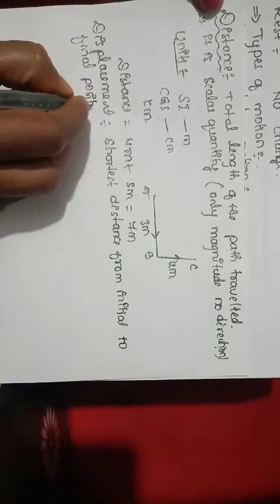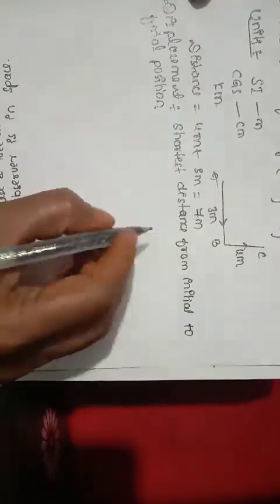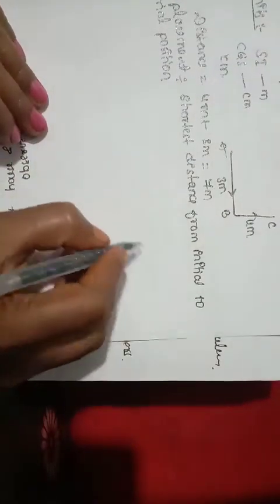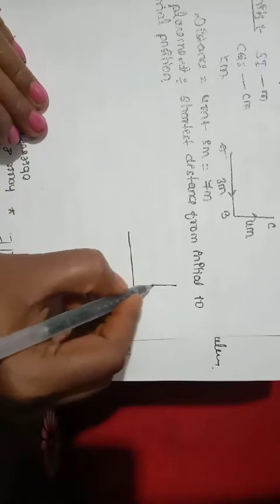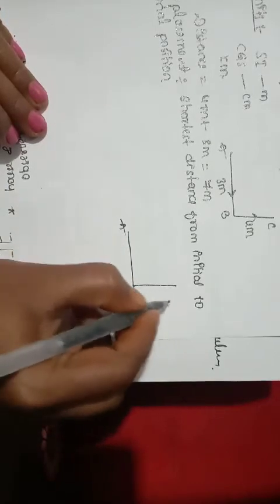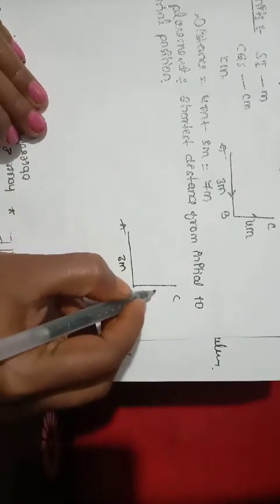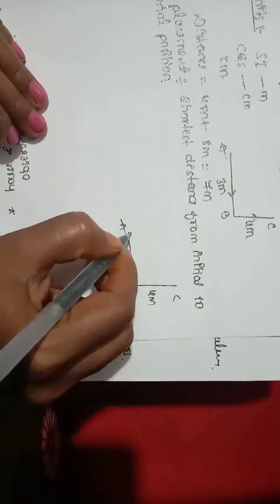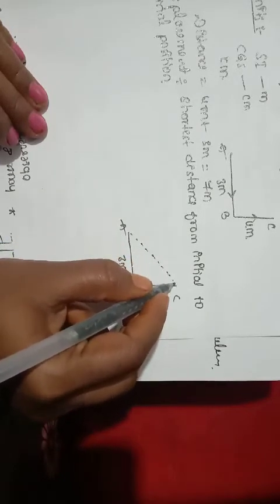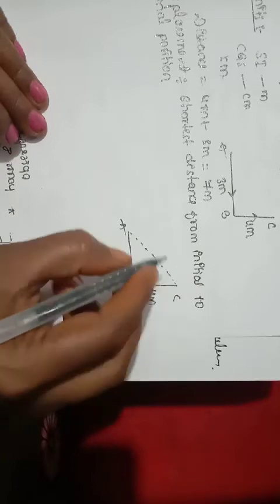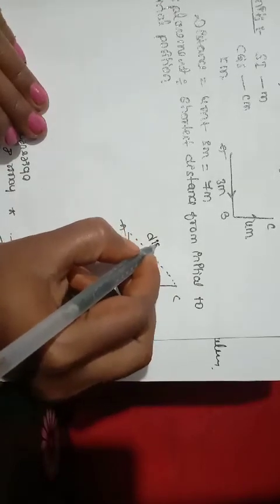Let us understand the definition properly. The same example, I'm considering A, B, C, 3 meters, 4 meters. The shortest distance is nothing but the displacement. This is the shortest distance, the displacement.